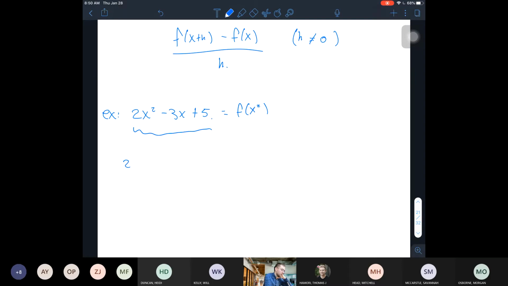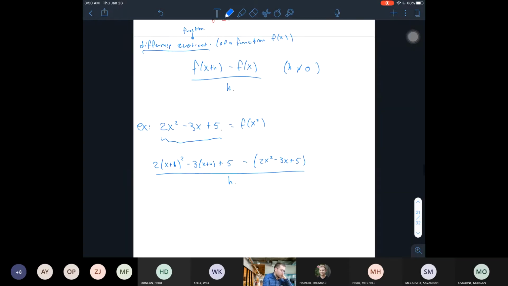So anywhere I see an x, I'm going to plug in x plus h, with parentheses, of course, and subtract 3 times x plus h, and then I will add 5, and now I'm going to subtract 2x squared minus 3x plus 5, and I'm going to divide all of that by h.